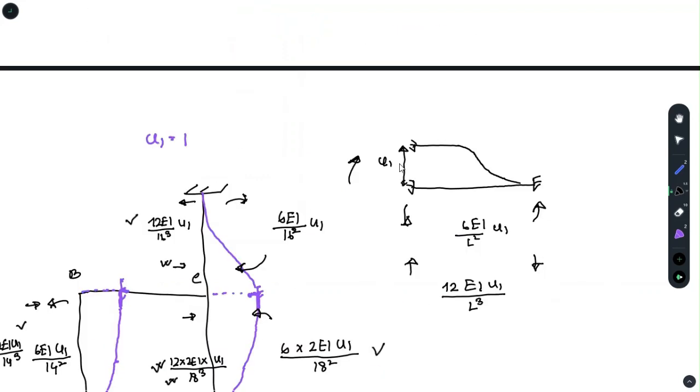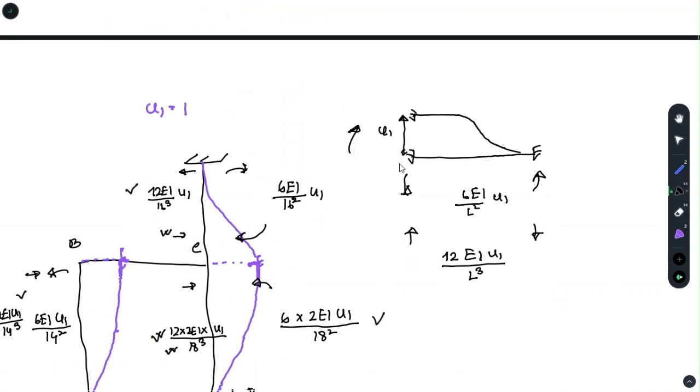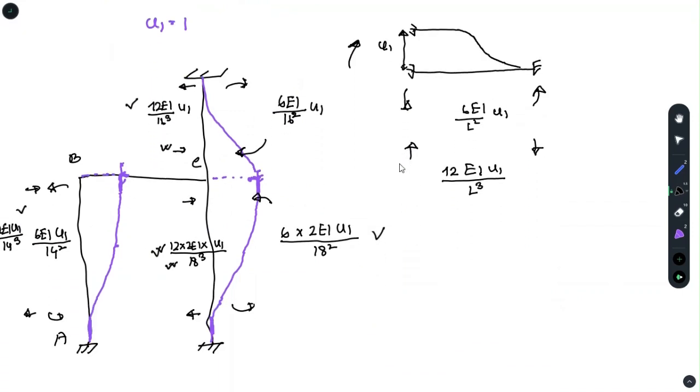So what are the other moments for the application of DOF U1? We've got a moment of 6 EI U1 over L1 squared, which is clockwise, so it's minus. We have another moment of 6 twice EI U1 over L2 squared. It is anticlockwise, so this is positive. So these are the two moments we are getting at point C after the application of DOF U1 equal to 1 unit rotation.